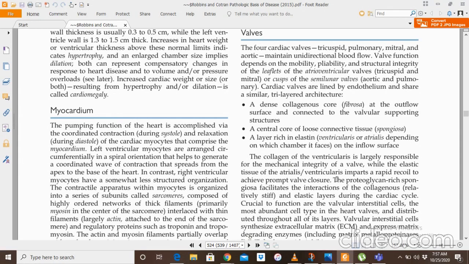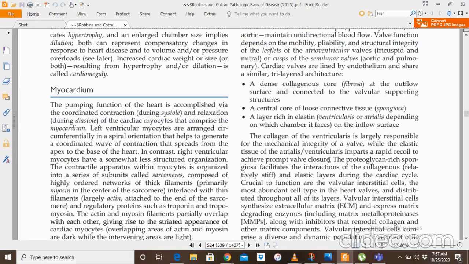So this elastic fiber maintains a rapid recoil, while the integrity of the valve is maintained by this fibrosa. Okay. The proteoglycan rich spongiosa facilitates the interactions of the collagenous, relatively stiff and elastic layers during the cardiac cycle. So this spongiosa is helping in interaction between the fibrosa and the ventricularis or atrialis.